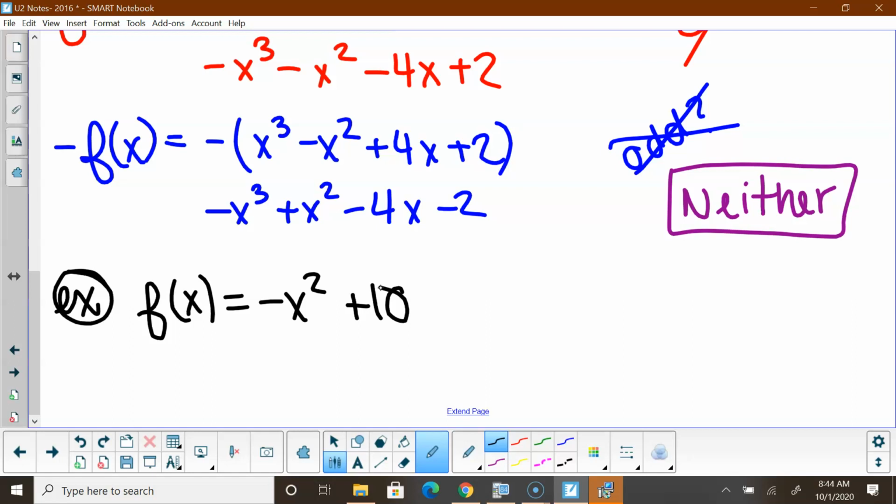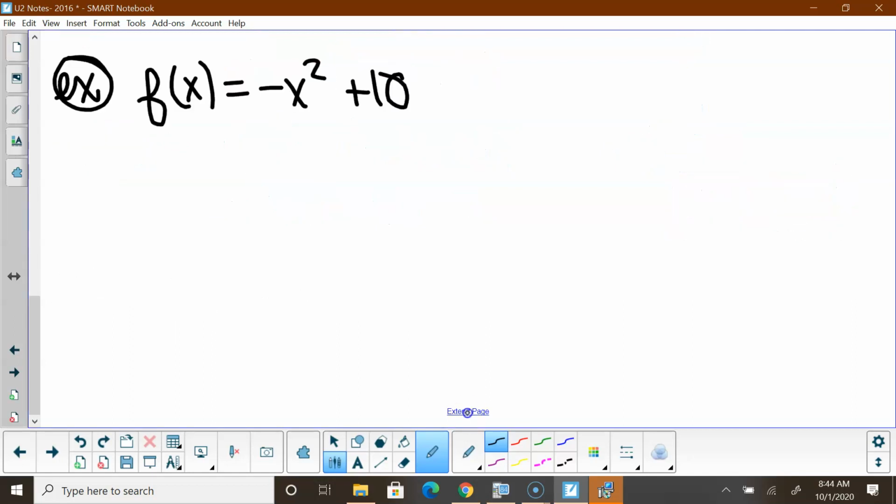We kind of ready to try another one? All right, so what am I checking again for it to be even? Yeah, I'm plugging in a negative x, so f of negative x.